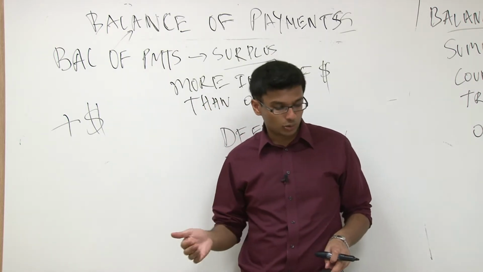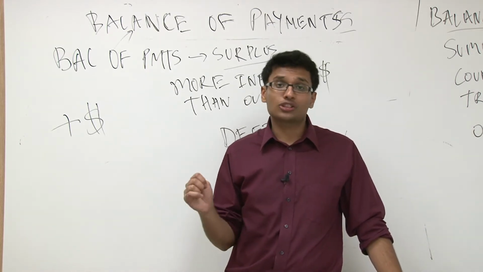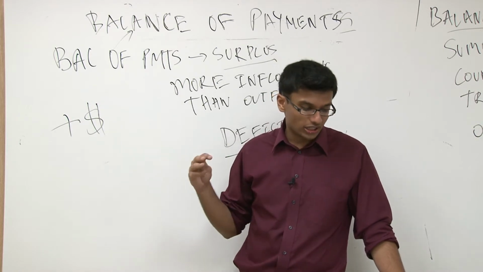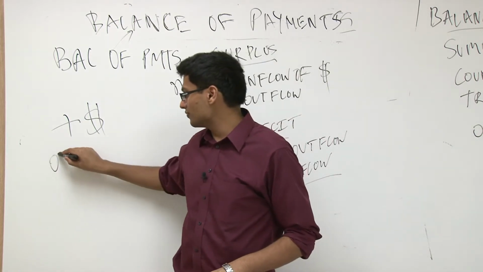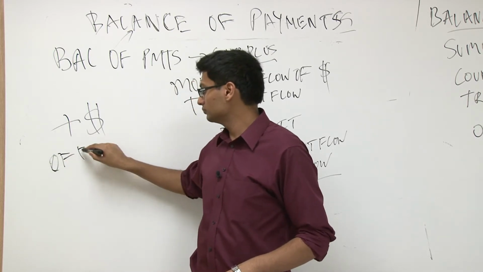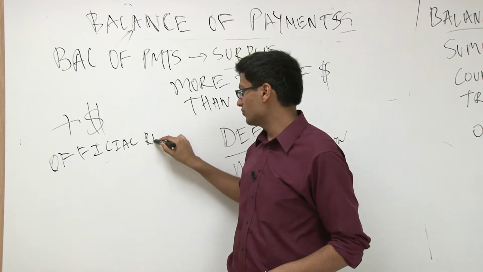How do we take care of a surplus? Because a surplus or a deficit are not good. And a government tries to correct that, okay? They try to correct it. The way they correct it is using this term called official reserves. Okay? Official reserves.